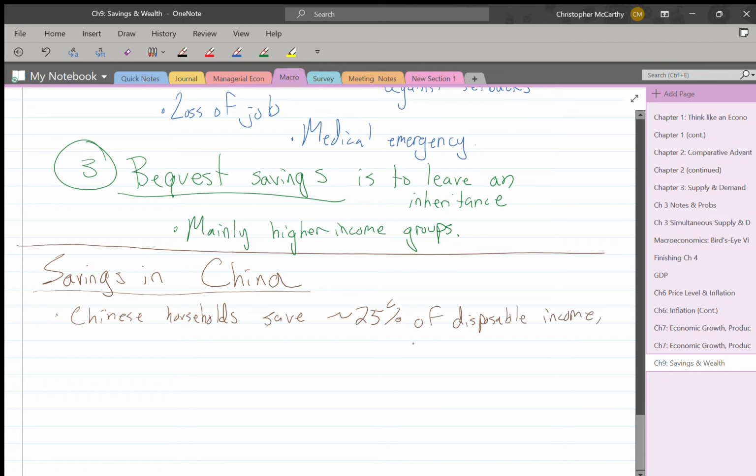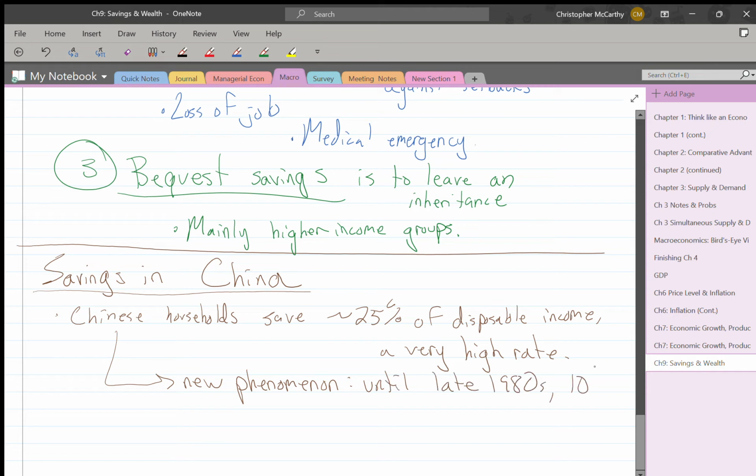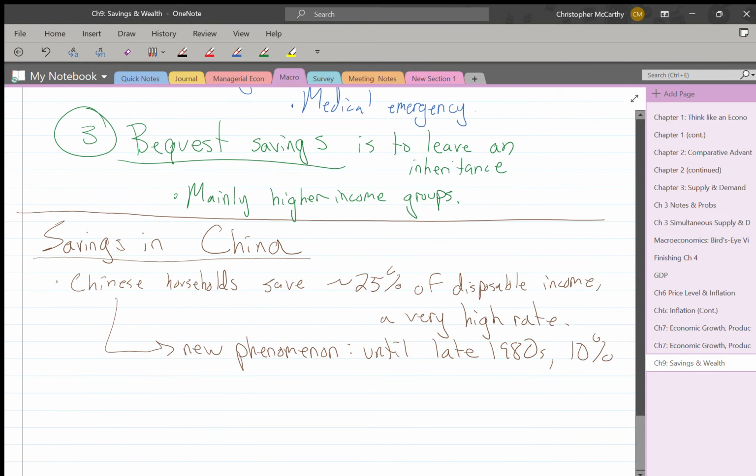This is a very high rate. And it wasn't always this way. Until the late 1980s, it was only 10%. So why has there been such a spike in the savings rate?